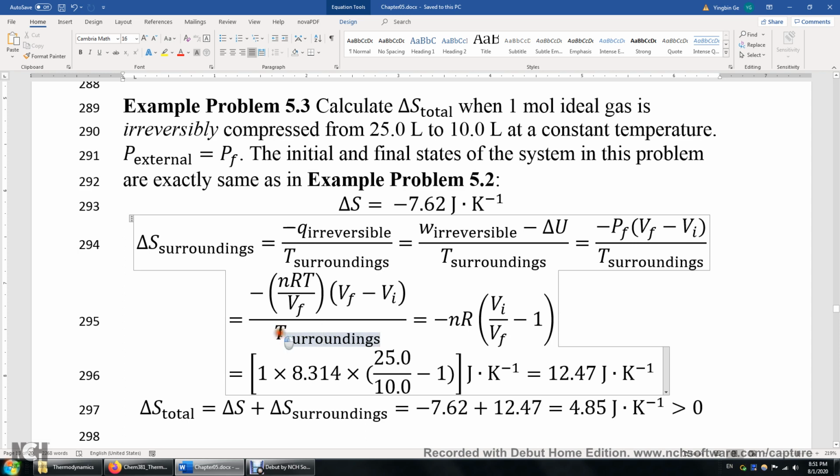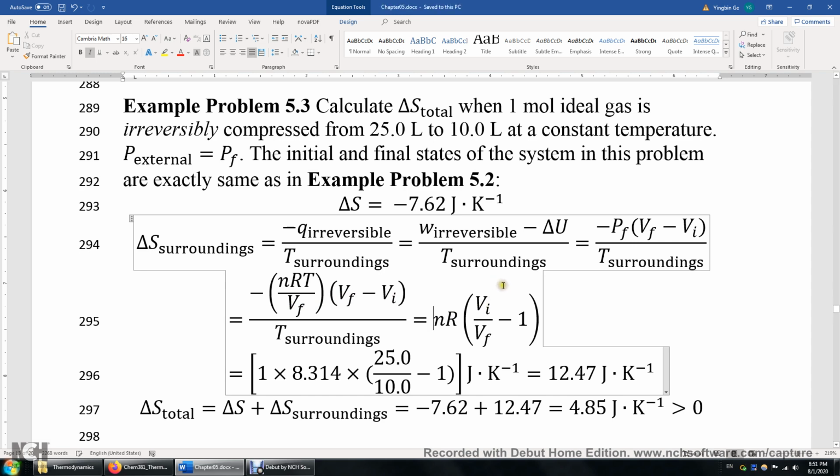So we can replace this with simply T. T and this T cancel. So on top, we have negative nR times VF over VF. That's just 1. And then we have VI over VF.